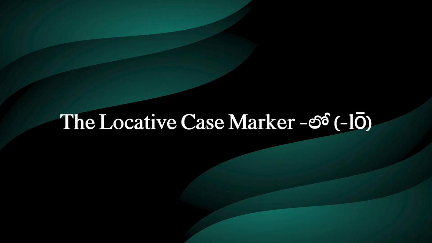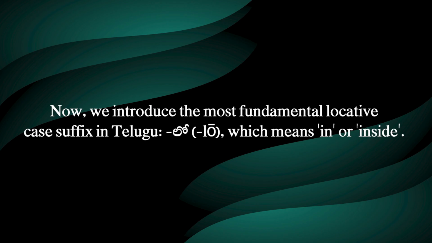The locative case marker lo. Now we introduce the most fundamental locative case suffix in Telugu, lo, which means in or inside. This is the heart of the locative case. Its primary function is to express containment or being inside something. Let us look at basic examples.